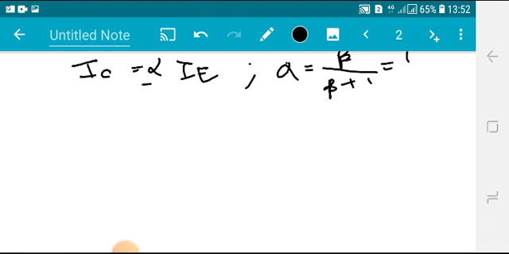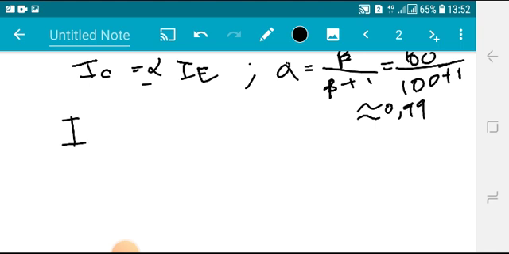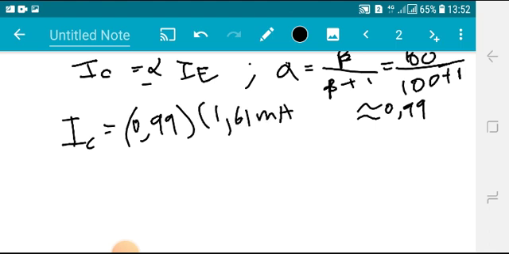In this case, we said it was 100, which I should have made clear earlier, so alpha is approximately 0.99. Therefore IC should equal 0.99, and my IE we said was 1.61 milliamps, so times 0.99. Put that in the calculator.